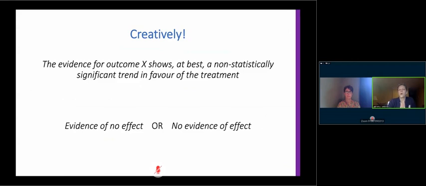The evidence for the outcome shows, at best, a non-statistically significant trend in favor of the treatment. And so for a decision maker, this is likely quite confusing to interpret and understand what is being communicated here. We also know that people are communicating evidence of no effect or no evidence of effect in different ways. It's being interpreted in different ways. And so we're seeing a lot of statements that are just confusing to decision makers.